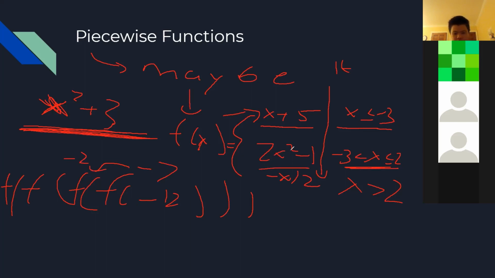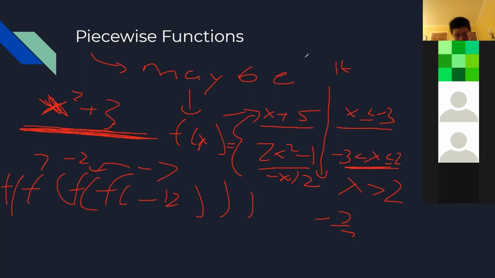So 2 times 2 squared minus 1 is 7, and 7 is more than 2, so -7 over half. This isn't really standing for anything, it's more of an exercise per se.